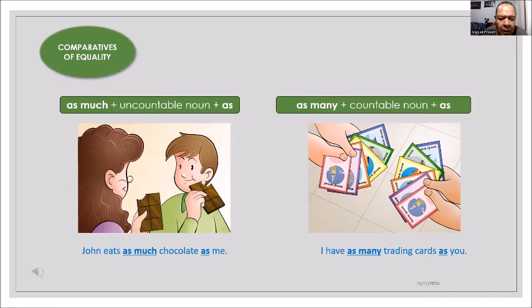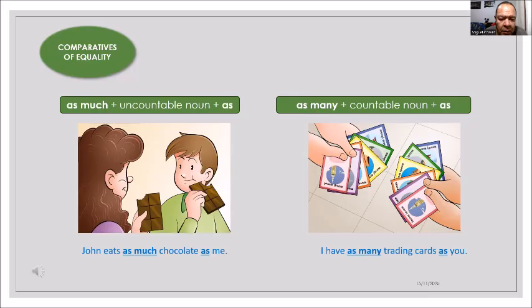We can also make comparisons of equality with nouns using the same structure as, by adding much before uncountable nouns and many for countable nouns. If we use as with a noun phrase, we must use much plus uncountable noun or many plus plural noun.